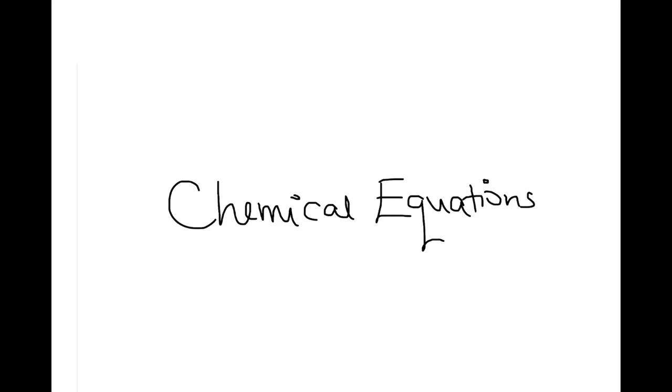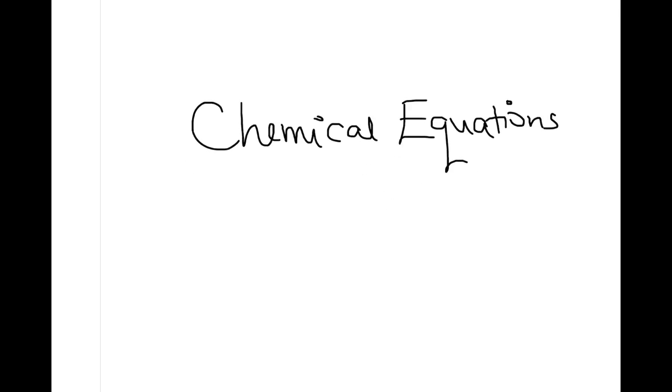Hi everyone. So in this video we are going to be looking at chemical equations. In our previous lessons we have seen how we can find the chemical formula of compounds.